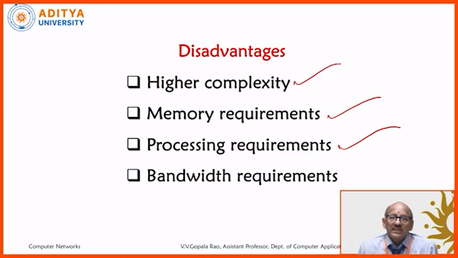If you go on extending the network and the packets traveling in it, at some moment the bandwidth may not be sufficient to hold the packets, so bandwidth will be a major requirement here. You have to manage the bandwidth as and when it is required. So these are the basic disadvantages of the link state routing algorithm.